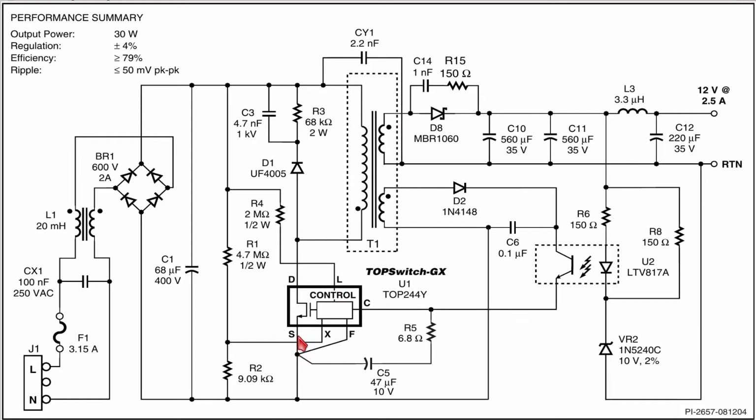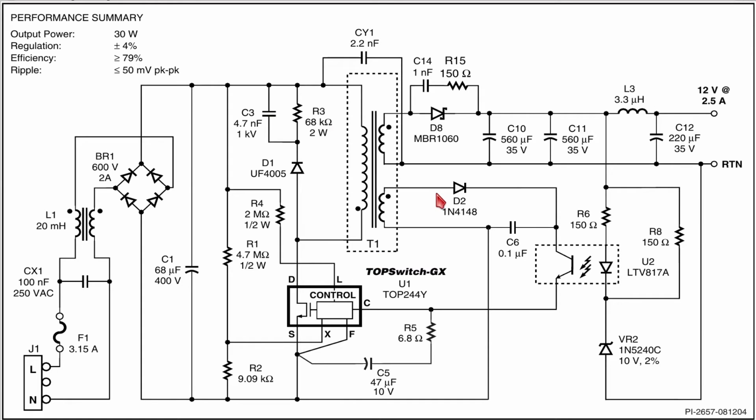The power field effect transistor, which is of course inside the chip itself, has its source put down on the negative rail. Then the drain is directly connected to the primary of the chopper transformer. As you see here, this is a typical snubber circuit, with the high voltage diode, the resistor and the high voltage ceramic capacitor.